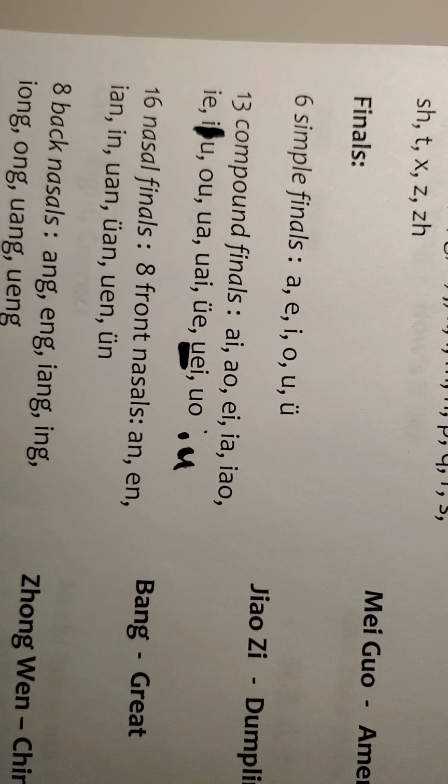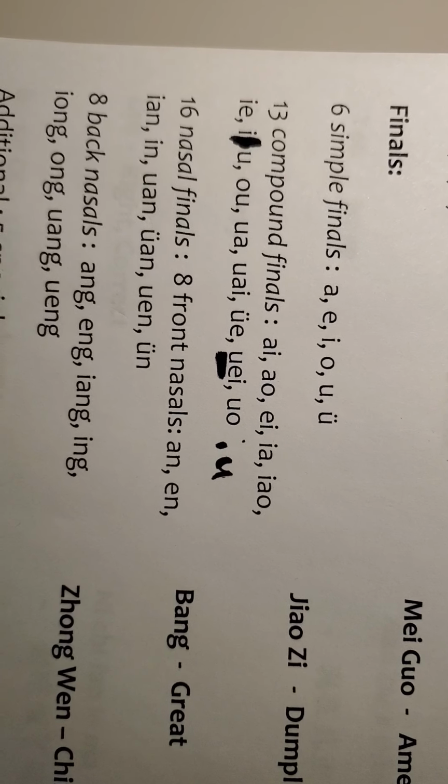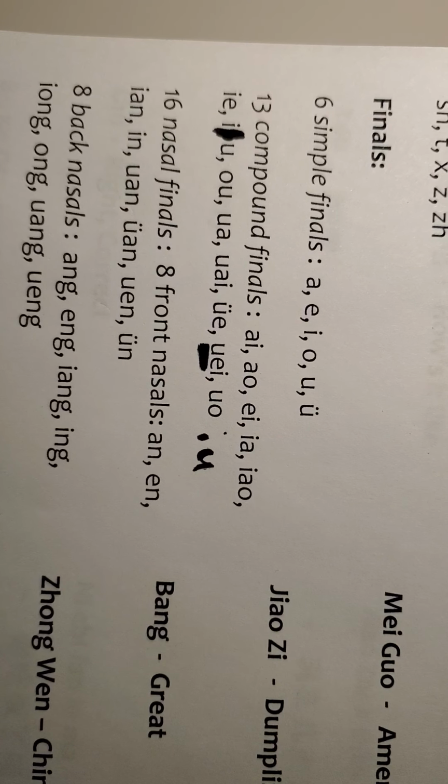So down to the eight back nasals. Ong, yang, ing. Let's start. I need to slow it down. Ong, bang, liang. Well, that's true, liang. But we'll get to that. Two down. Zhang.